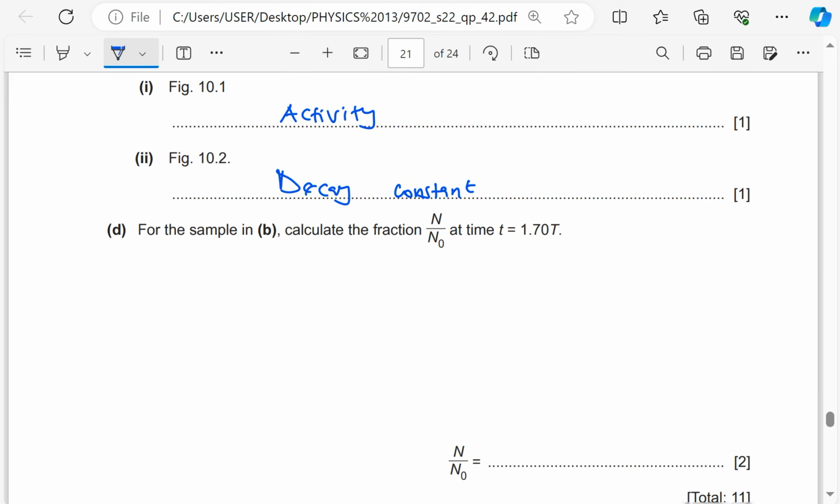Then for the sample in B, calculate the fraction N over N naught at time t equals 1.7 T. So we know the general equation N equals N naught e power negative lambda t.